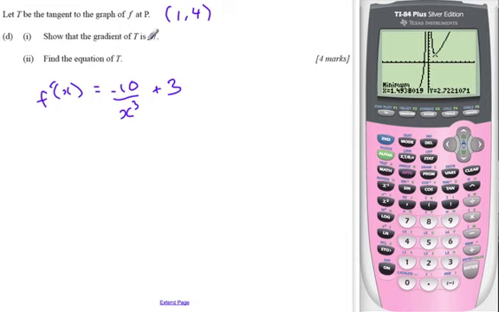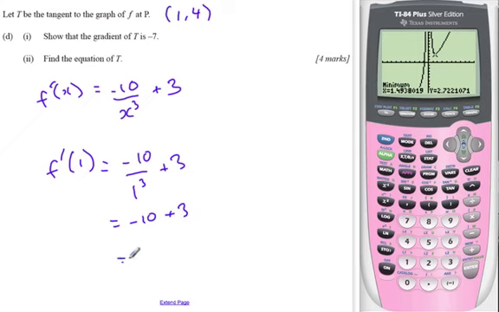So we need to show that the gradient is -7 when x is 1. So f dash of 1 is -10 divided by 1 cubed, add 3. That's -10, add 3, that is -7. So we've shown it.